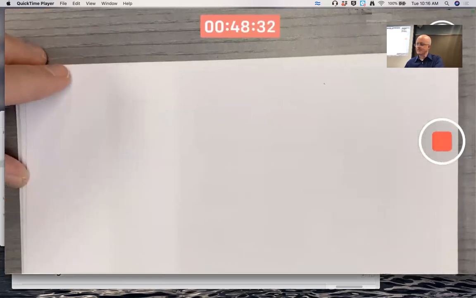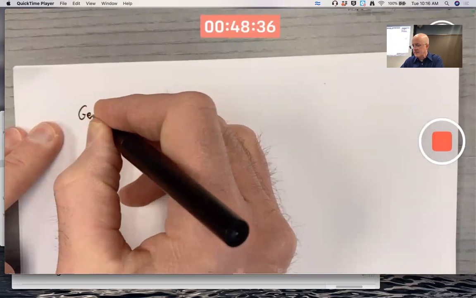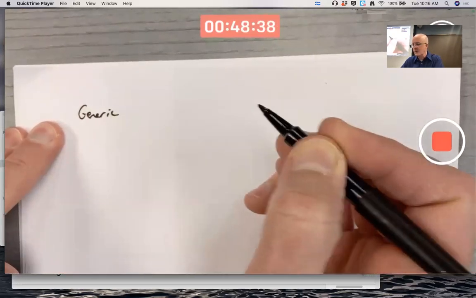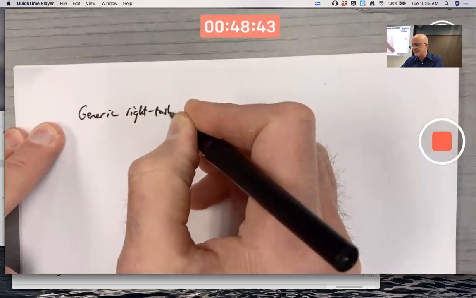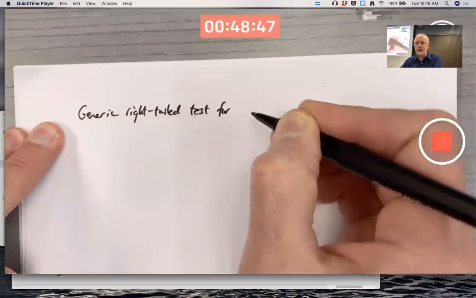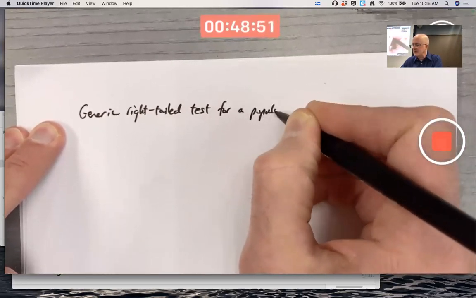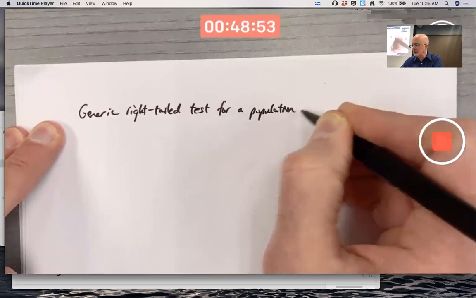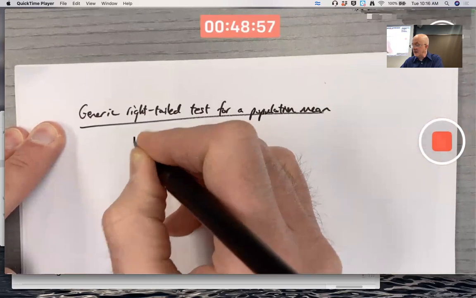So your generic right-tailed test, say, for a population mean, looks like this. You got a null hypothesis.